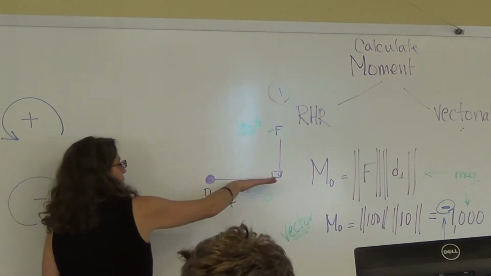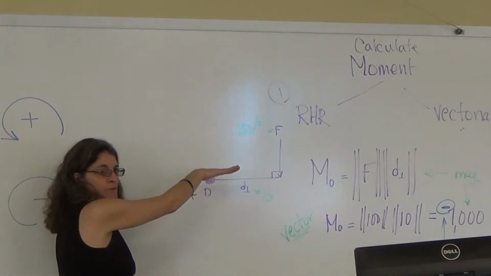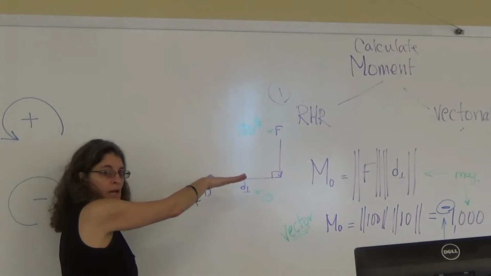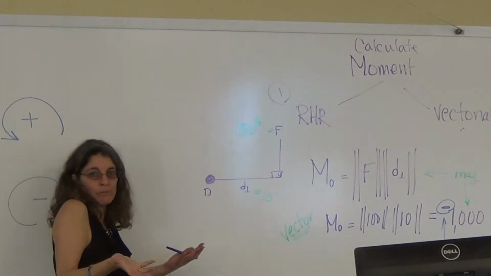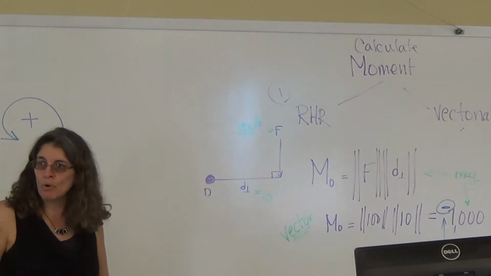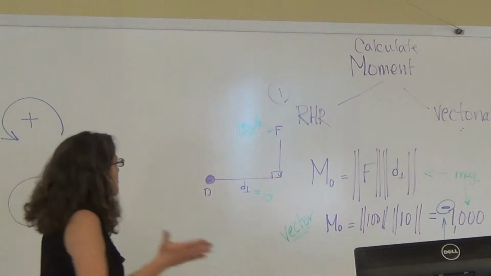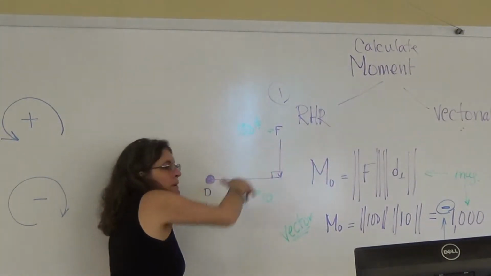So fingers go in this direction, and palm goes in the direction that the F is directing at, and you get a negative. But I don't think that's as clear for me. For me, I kind of think about forces first. To me, a force and then distance. Fingers go in the direction of force, palm goes towards the point I'm trying to find the moment about, and I get a negative.